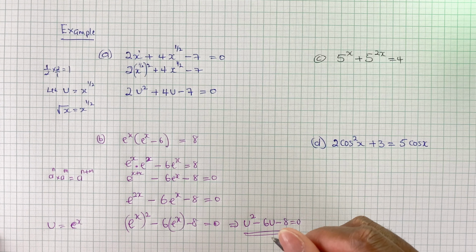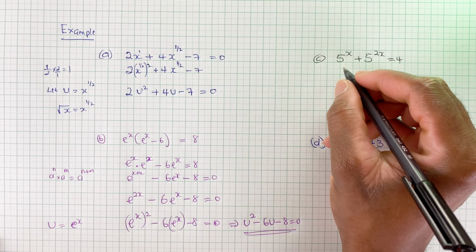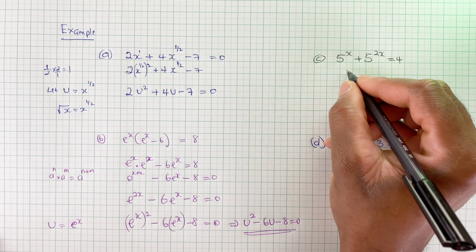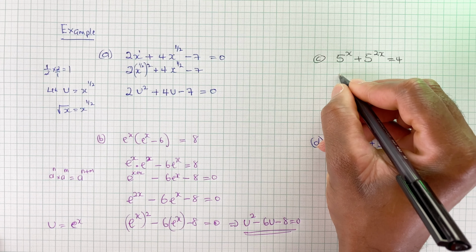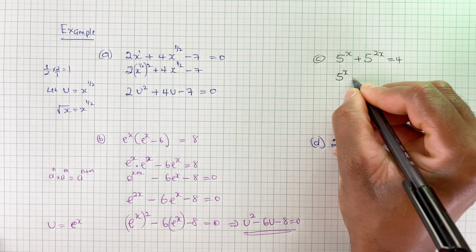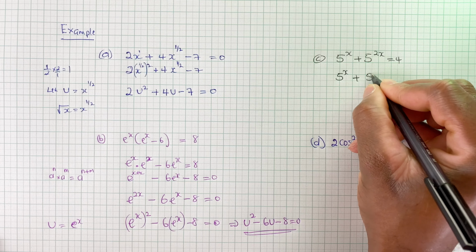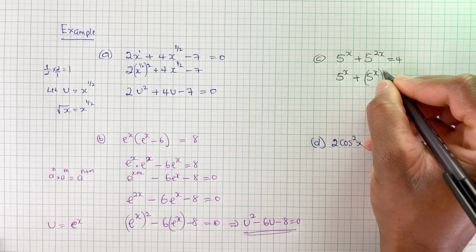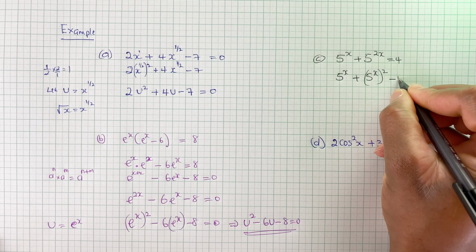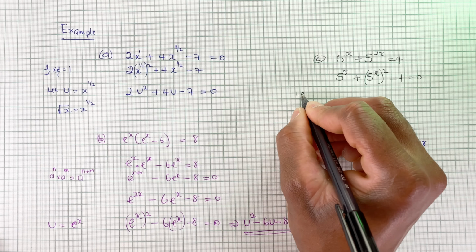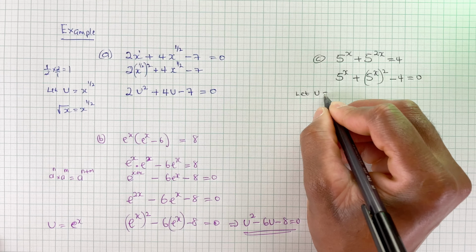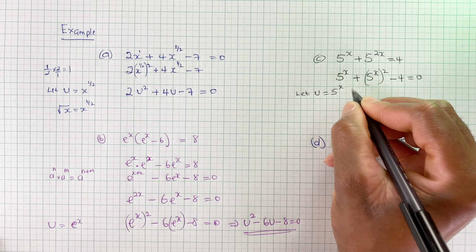What about this question? This one is 5^x, so this is obvious now, right? So we can write this as 5^(2x) plus 5^x minus 4 equal to 0. So we can say let u equals 5 to the power of x.